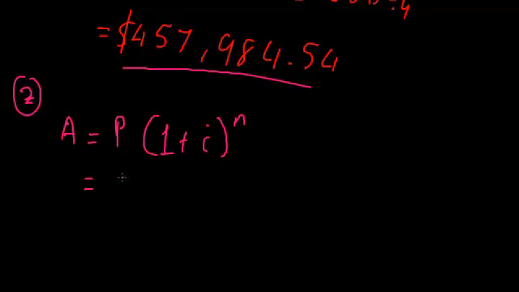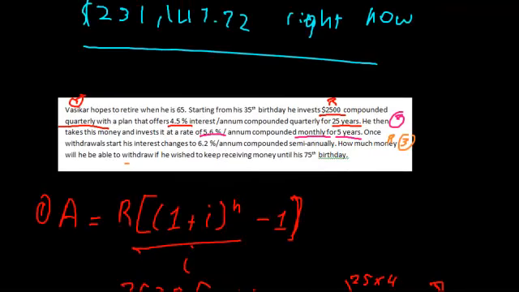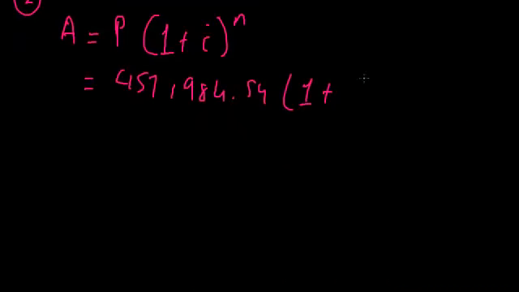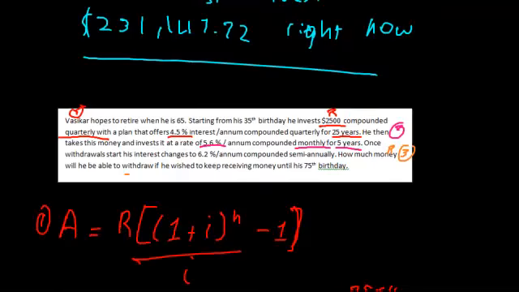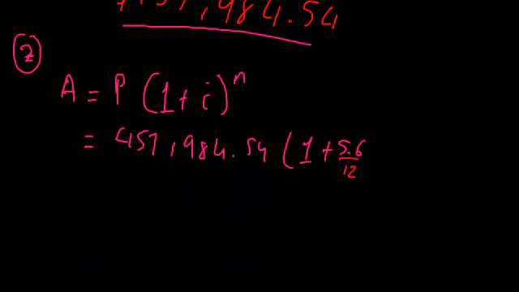So this is equal to 457,984.54 into 1 plus the interest rate, which is now 5.6, and this is over 12 because it's monthly, and he does this for 5 years with 12 months.